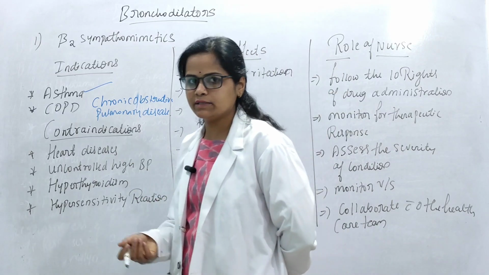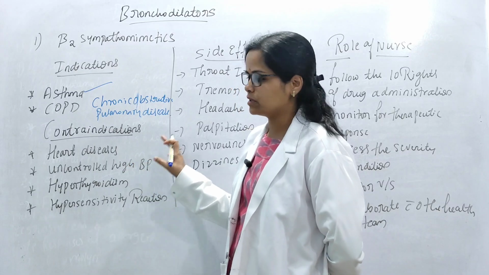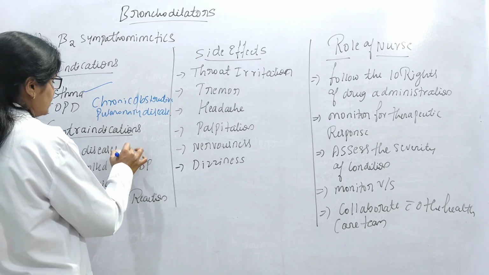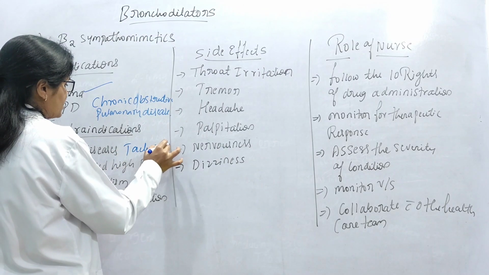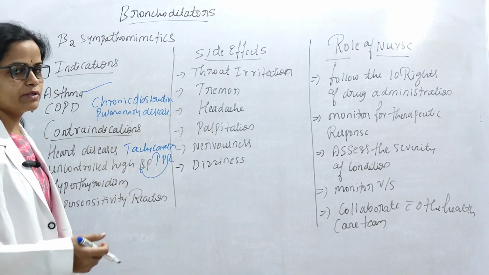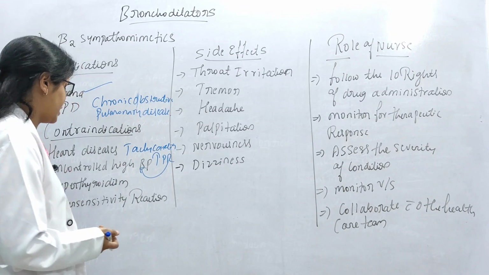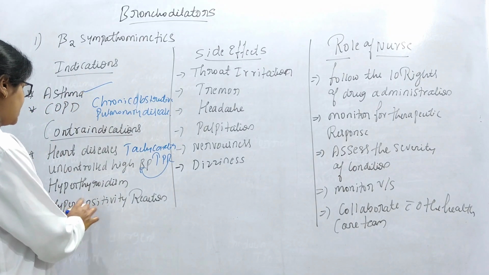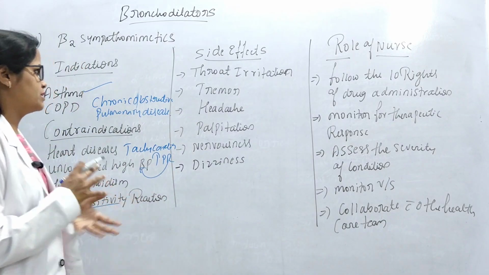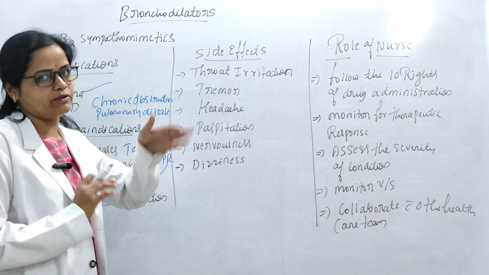If the patient has heart disease, we do not use these drugs. With uncontrolled high blood pressure, the patient may go for tachycardia, which is an increased pulse rate, and then the blood pressure is also going to increase. Hyperthyroidism means an increased level of thyroid hormone. Hypersensitivity reaction means patients who are sensitive towards the sympathomimetics should not be given these drugs.